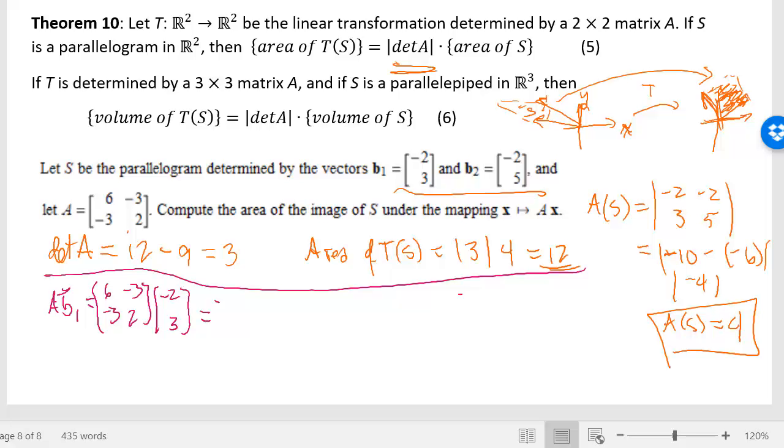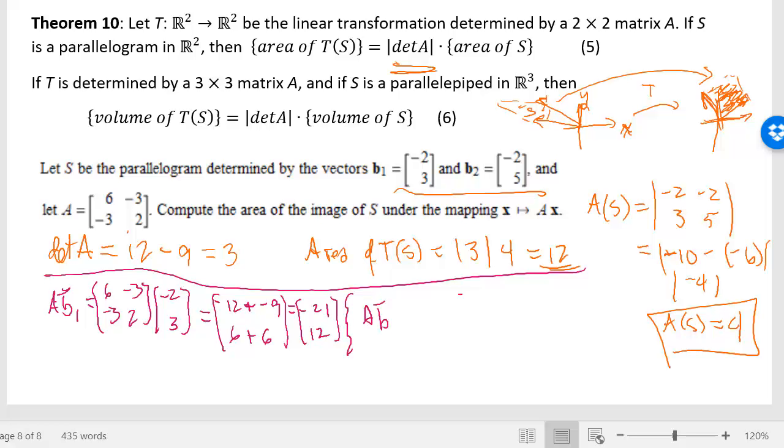So this is going to be -12 plus -9, which is going to equal -21. And so that's the first component. The second component is going to be +6 plus 2 times 3 is 6, so that's 12.